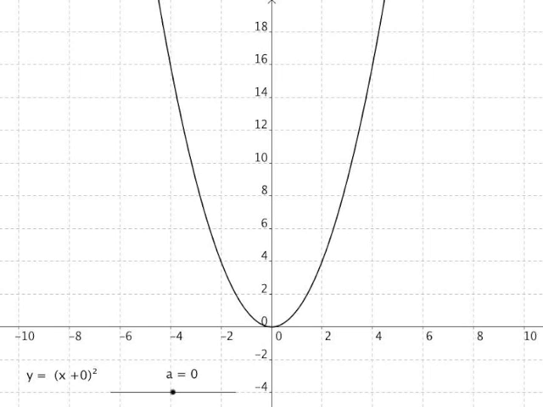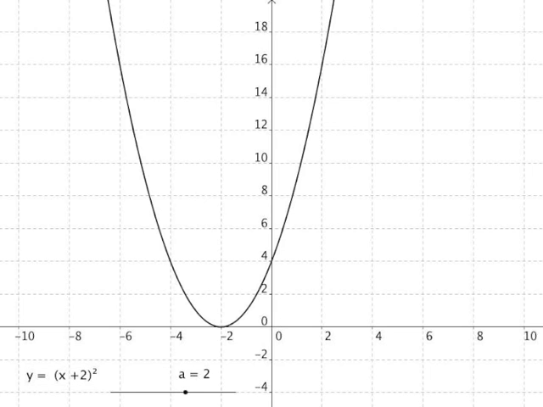What catches a lot of people out with this graph transformation is that the graph seems to go the opposite way to what you think it would. People are familiar with the idea that it translates the graph horizontally along the x-axis, but if you had x add 2 in the brackets, they'd expect it to move 2 to the right because that's the positive direction on the x-axis.